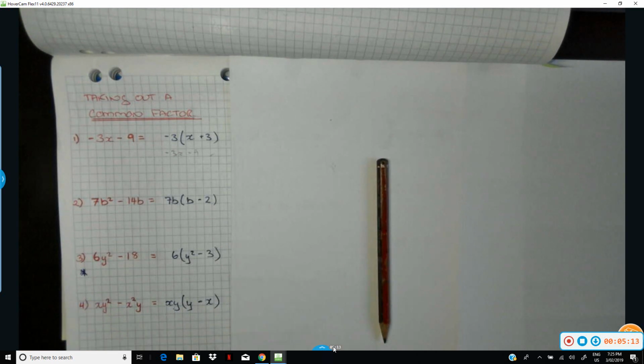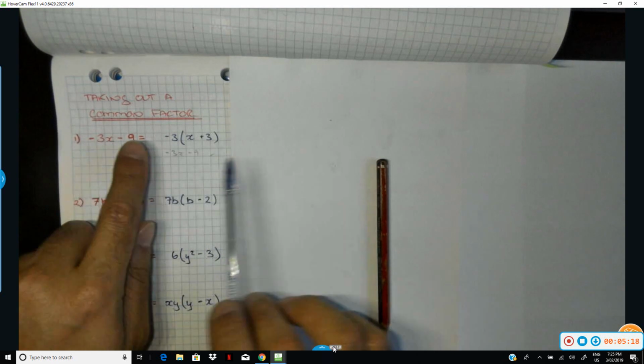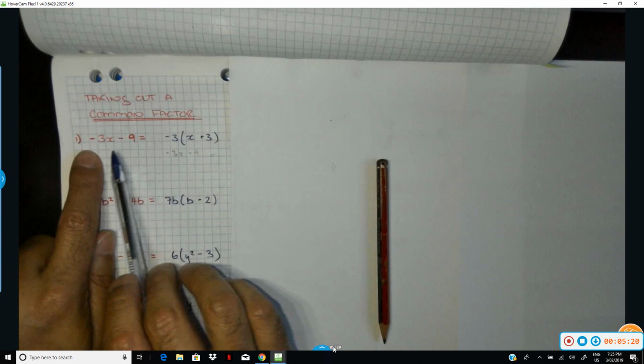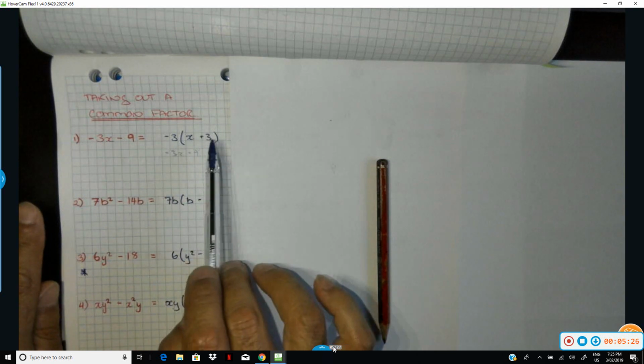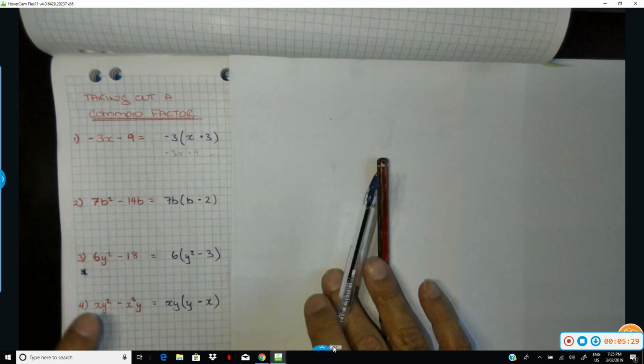Okay, that's taking out a factor that's in both terms, or there could be 3 terms, there could be 4 terms, but taking that factor out on the outside and then putting what remained, what we need to times to get back to the original expression, on the inside of the brackets.